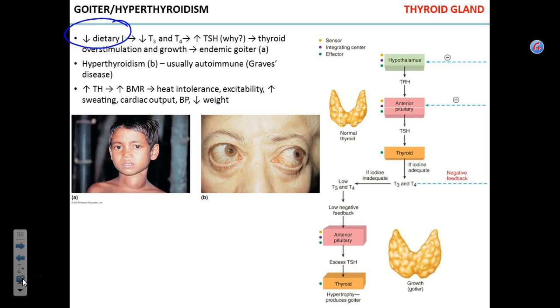There's not enough iodine. Is your thyroid gland going to make thyroid hormone? No, it just can't. So if you don't get enough iodine from the food, your thyroid hormone levels are going to be low. Are we clear? How will it affect the levels of TRH and TSH?